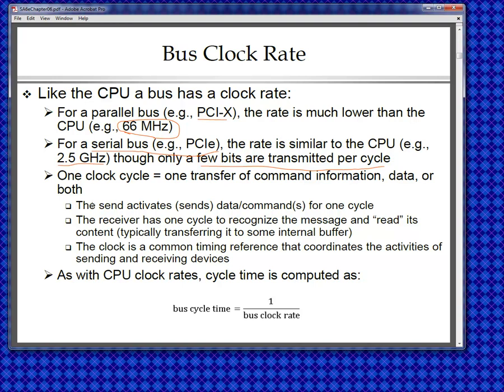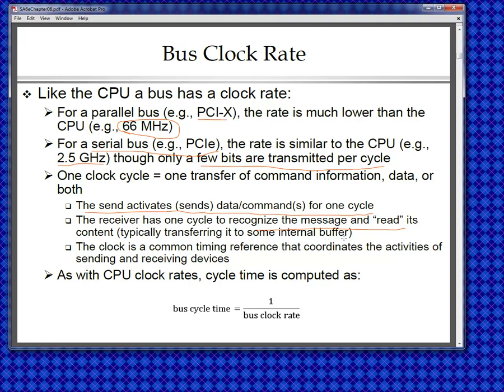So what happens during that clock cycle? Well, the sender activates those lines, puts voltage into them, representing either data or an address or a command, and that voltage is there for 1 cycle. The receiver has 1 cycle to see that voltage, recognize it as a message, and quote-unquote read its contents. Typically the receiver is going to transfer it somewhere into an internal buffer, or in the case of memory, it's just going to store it in the DIMM chips.